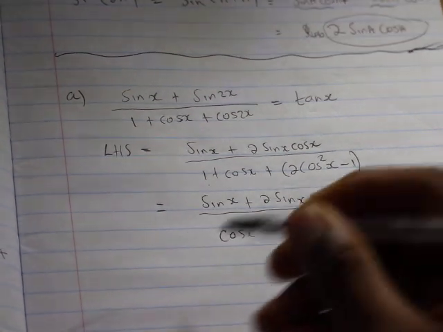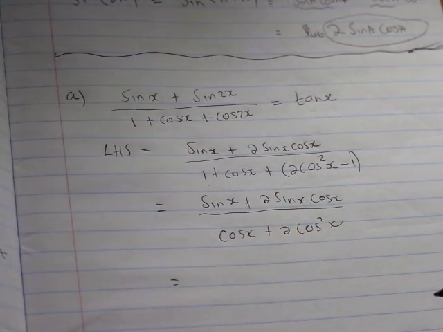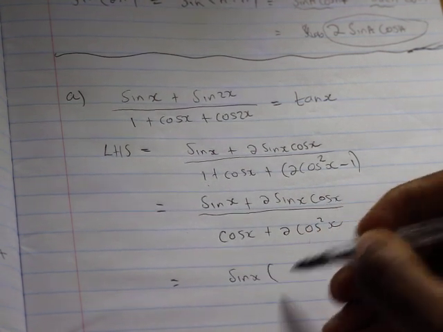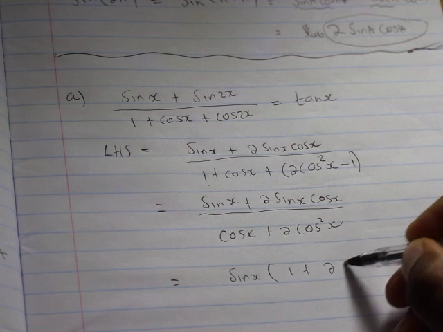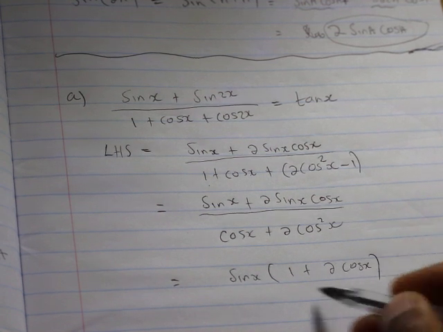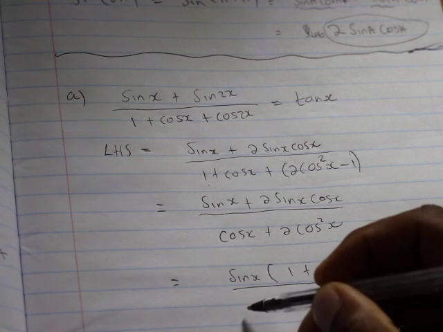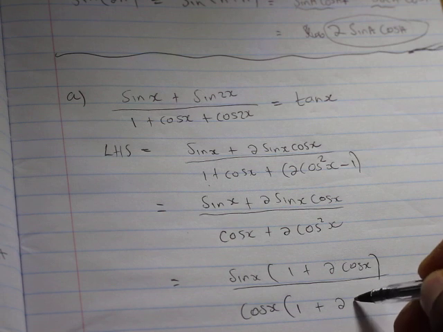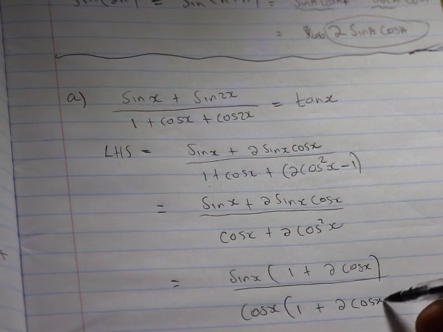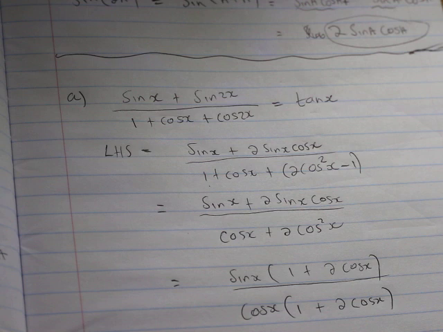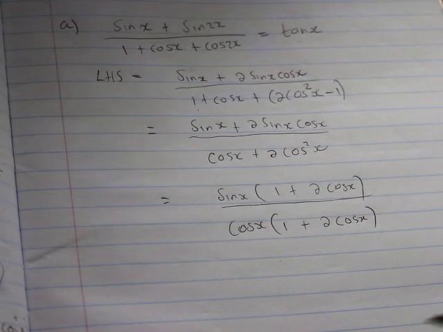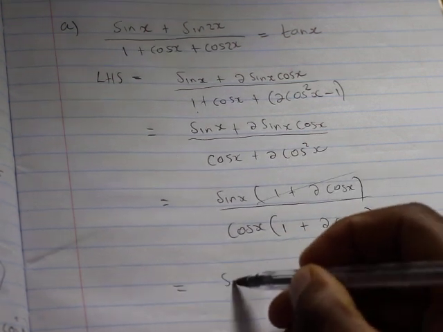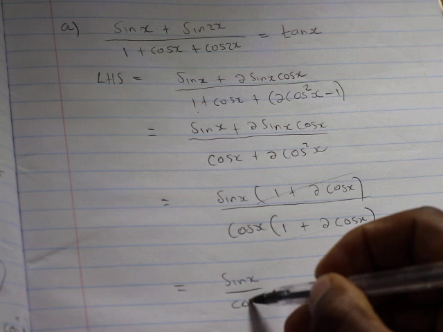You see, it's simplifying so beautifully. In the numerator, common factor sine x out, 1 plus 2 cos x. In the denominator, cos x out, 1 plus 2 cos x. 1 plus 2 cos x cancels out. Isn't that beautiful? So this falls out. We're left with sine x over cos x.